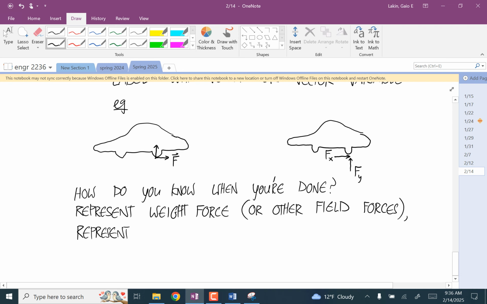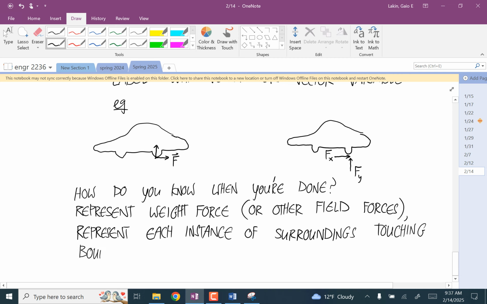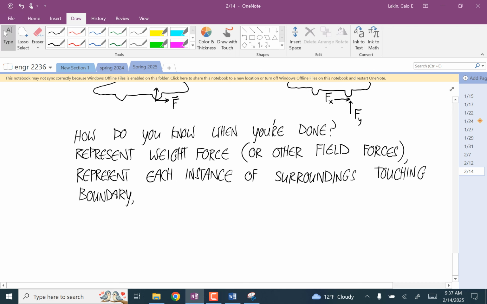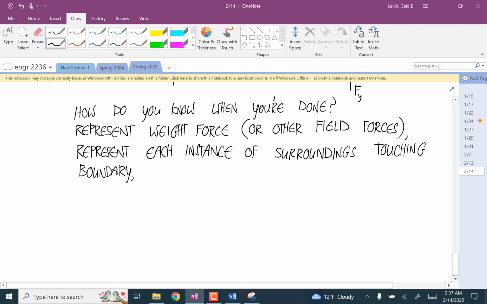Represent each instance of the surroundings touching the boundary. And you're done.